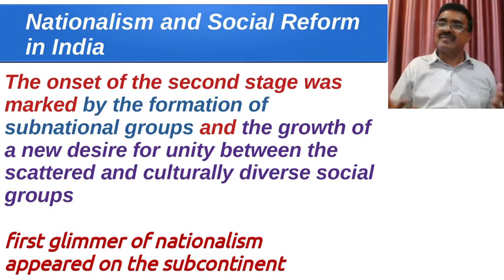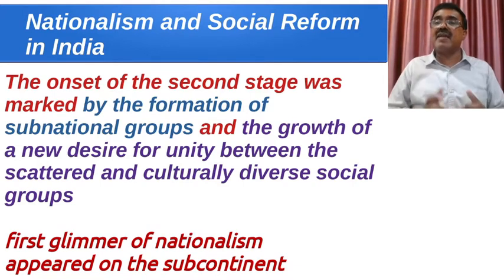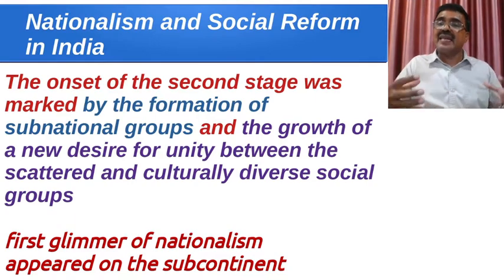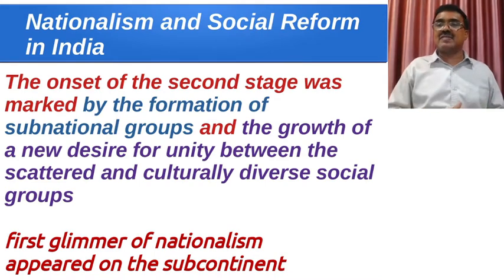That happened in each region, organizing in the name of a regional culture or language. People had a feeling of oneness in the name of some cultural linkages and language. That is what we call subnational. There are a large number of languages that we know, right?